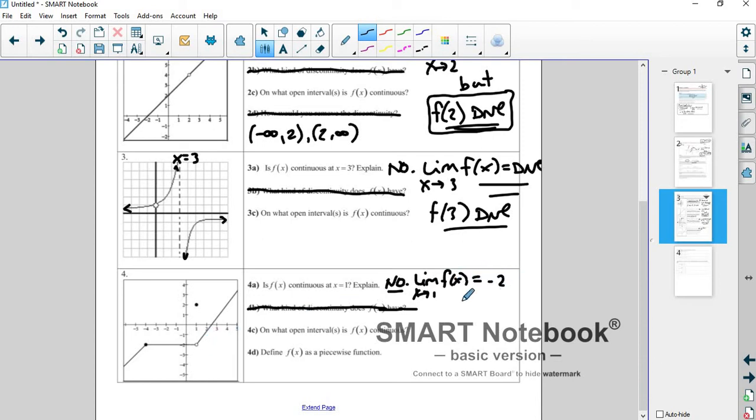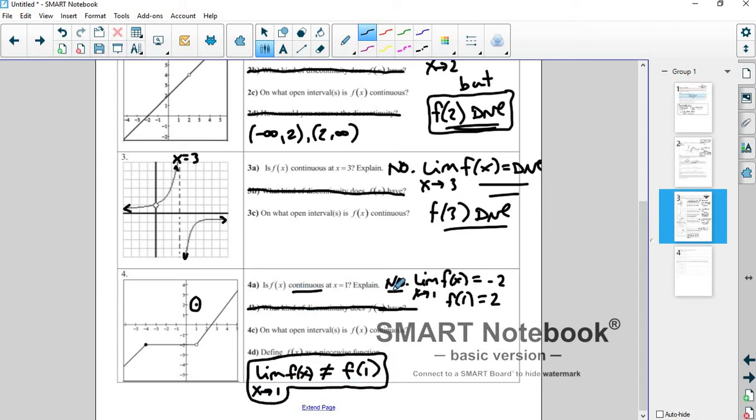So the limit exists. And there's a point up here, so f of 1 is equal to 2. So that exists. But what's the problem? The problem is the limit as x approaches 1 of f of x is not equal to f of 1.